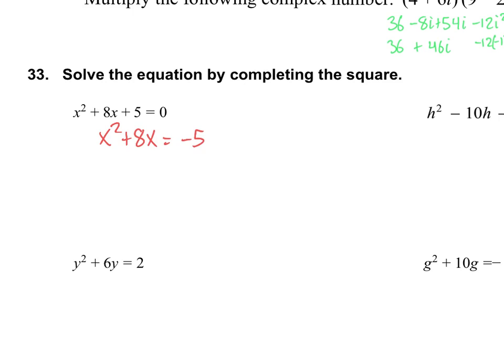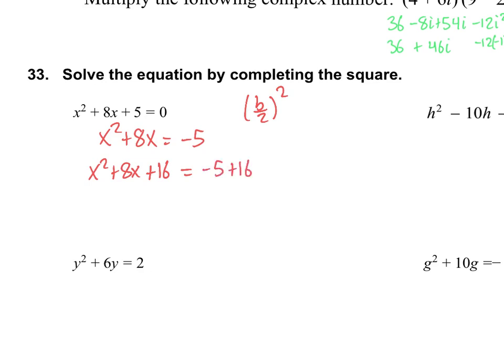So remember, completing the square, I've got to use this formula, b over 2 squared, to find that c value you're trying to look for. So b over 2 is going to be 4, squared is going to be 16, so I complete this square by adding 16, right? But what I do to one side, I've got to do to the other.